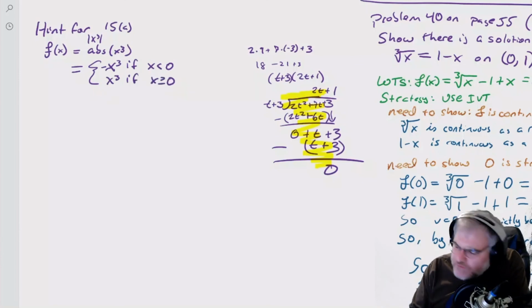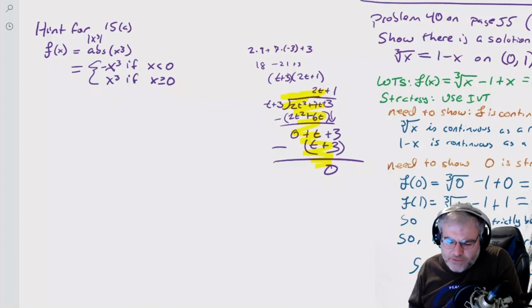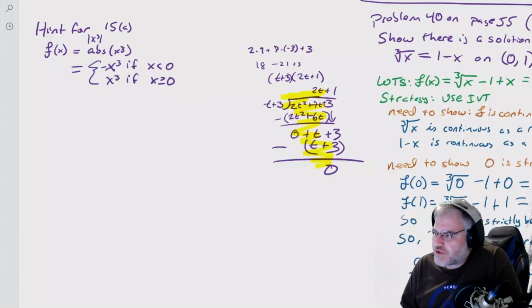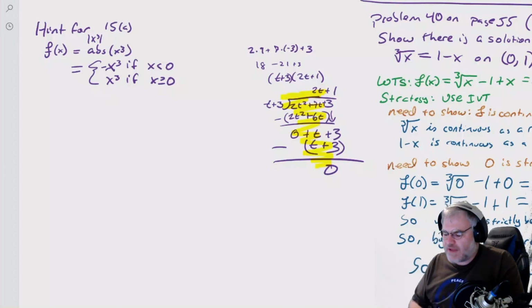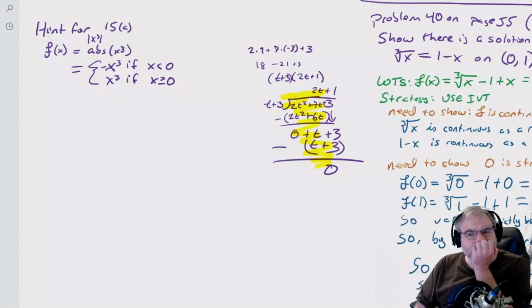So what you have to do on this one, on one of them, is show that the derivatives don't equal each other. And on this one, you actually have to show that the derivatives do equal each other, despite the fact that there's an absolute value in there.